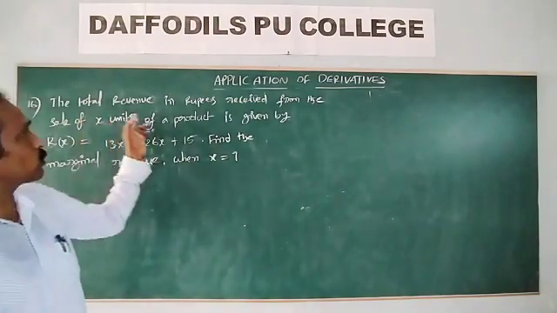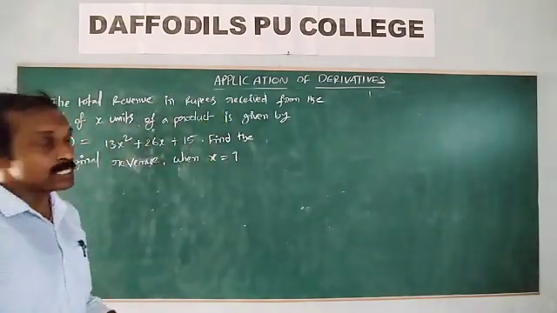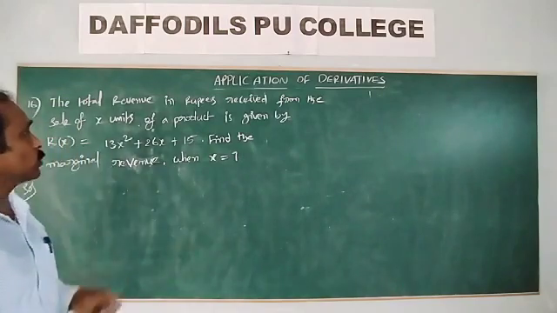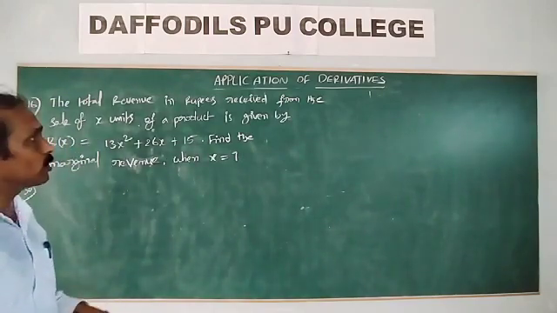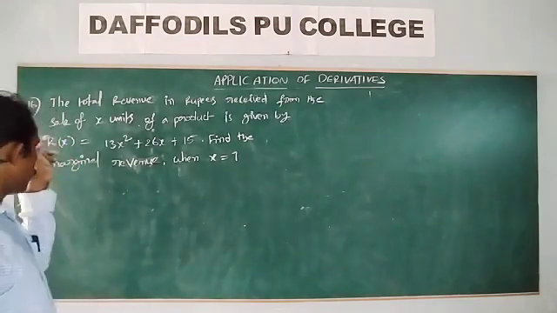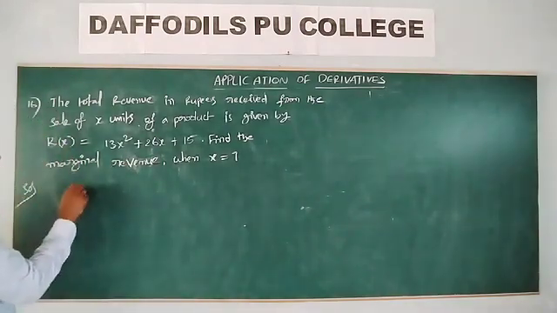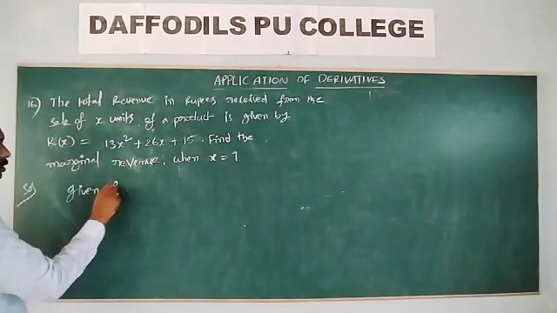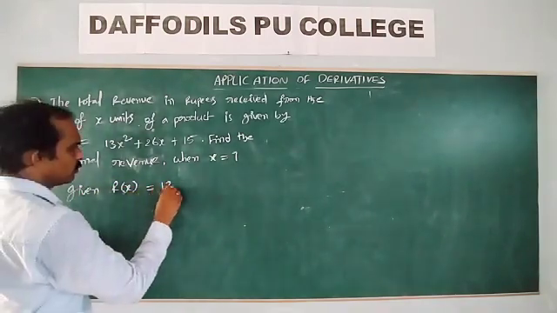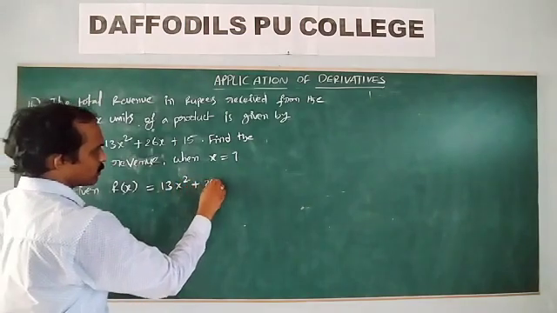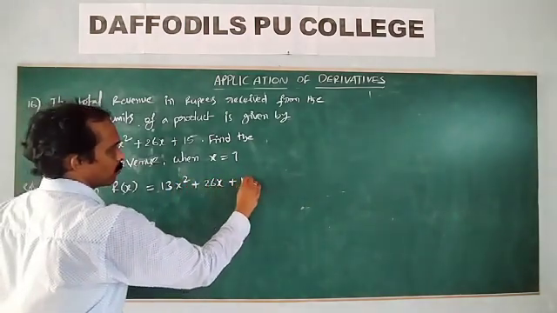Okay. Given the total revenue in rupees received from the sale of X units of a product, R of X is equal to 13x square plus 26x plus 15.